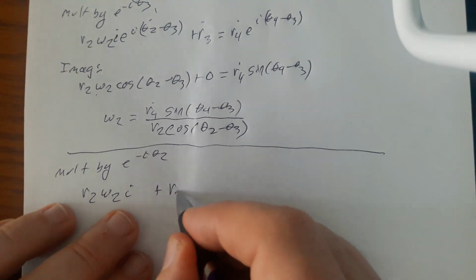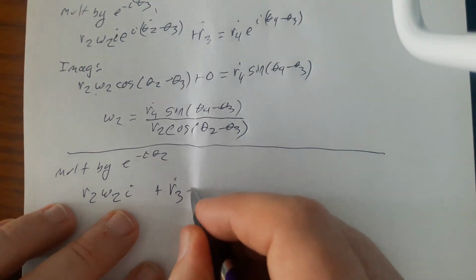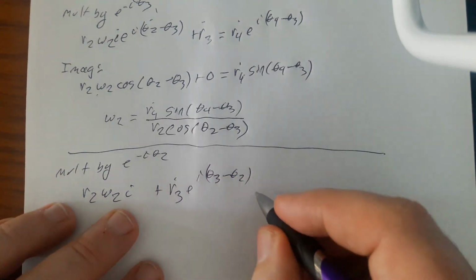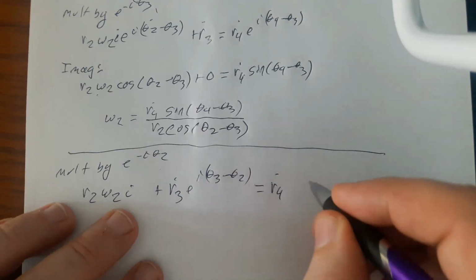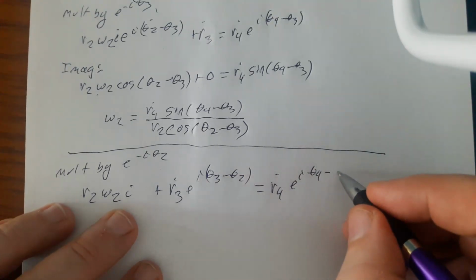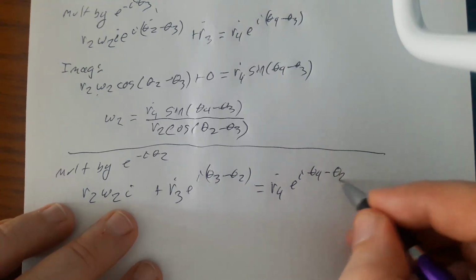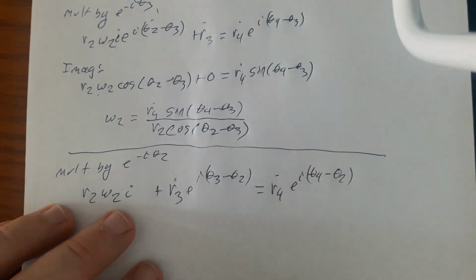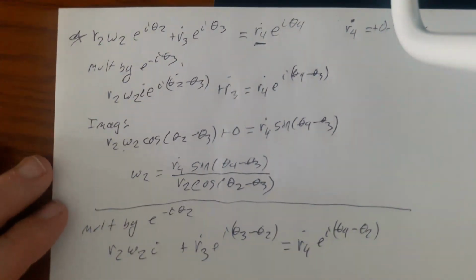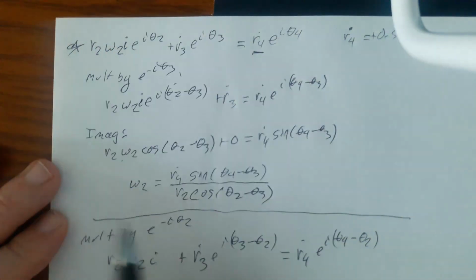And then we'll have R3 dot e to the i (theta 3 minus theta 2), and that will be equal to R4 dot e to the i (theta 4 minus theta 2). There should also be an i there.